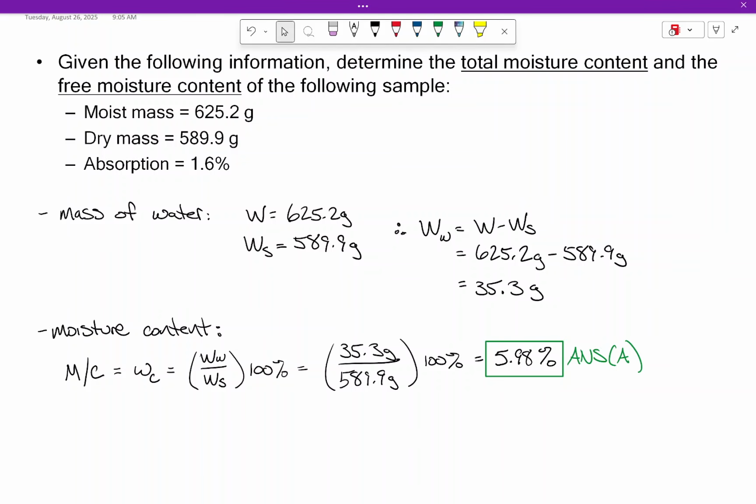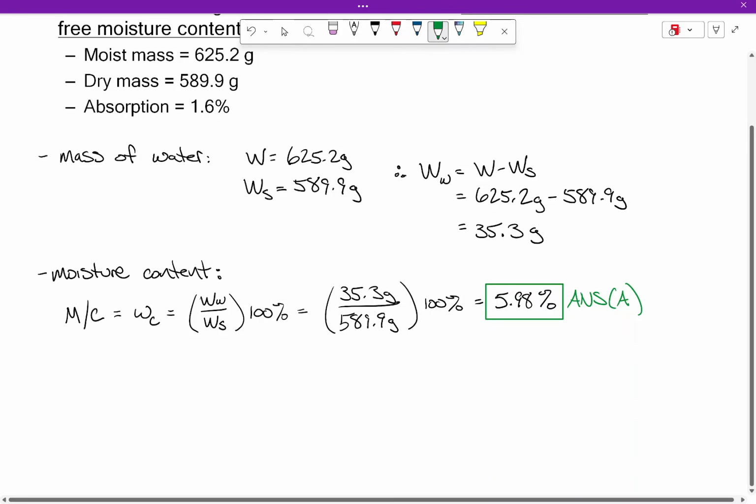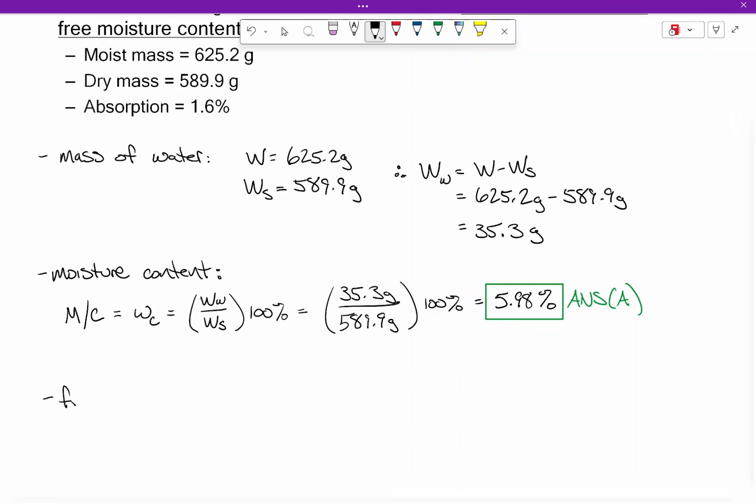So how much excess moisture do we have, okay? We'll just call it free moisture. How would we calculate that?